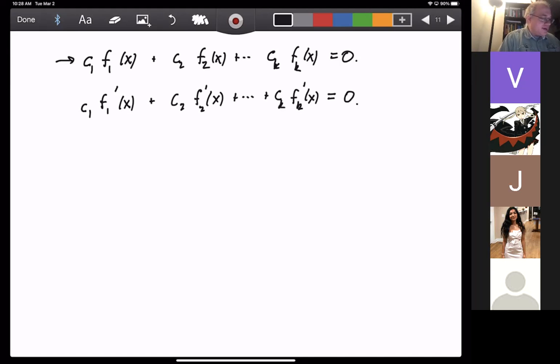And in the same way, we can keep going until we have enough of these equations to actually have a linear system we can work with.